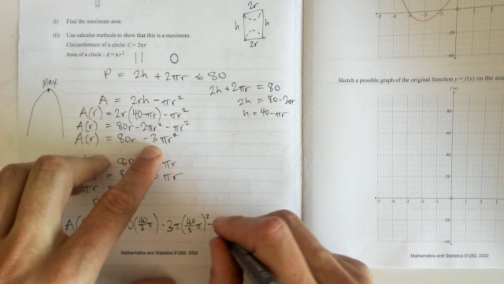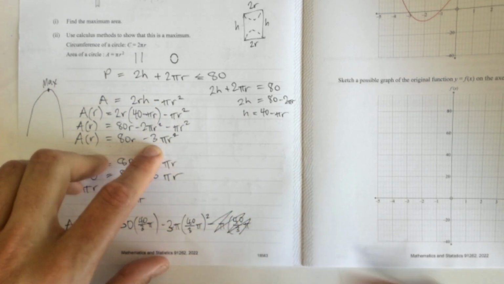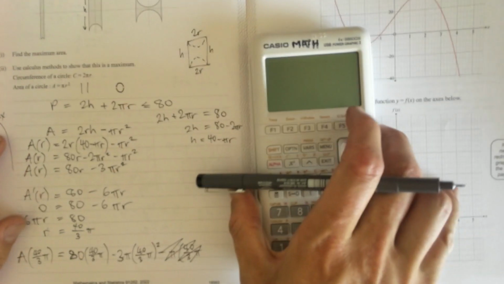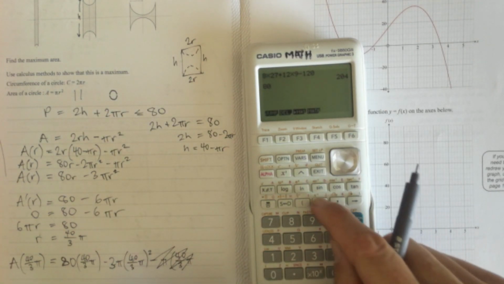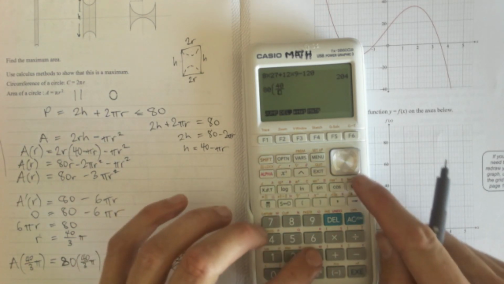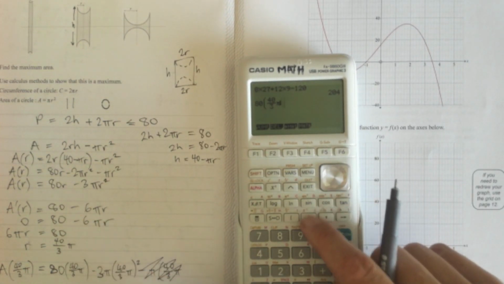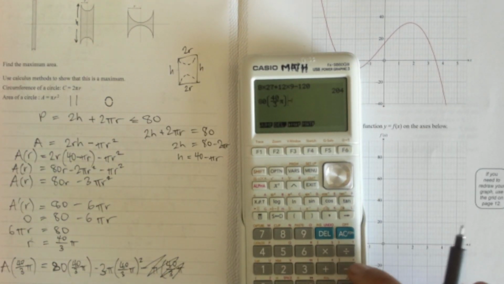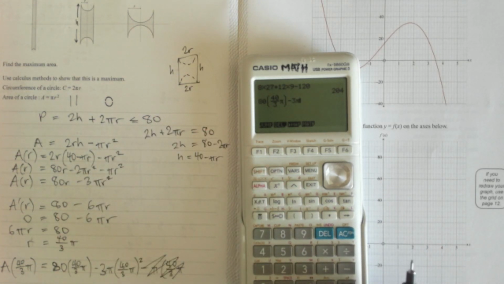Oopsies. And you go away from me. Okay. 80 bracket 40 over 3 pi minus 3 pi.